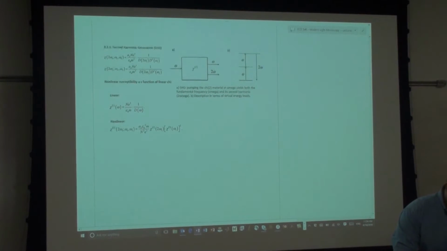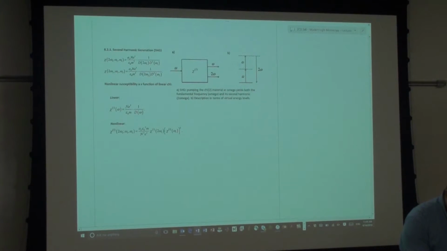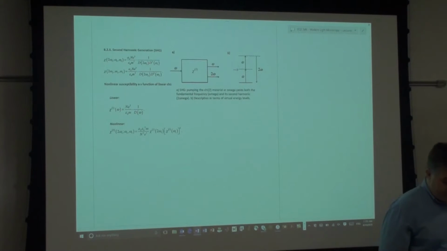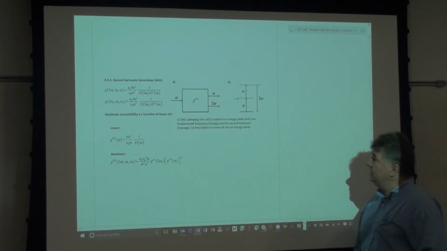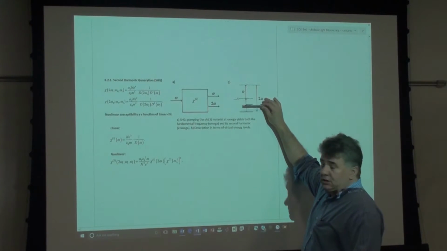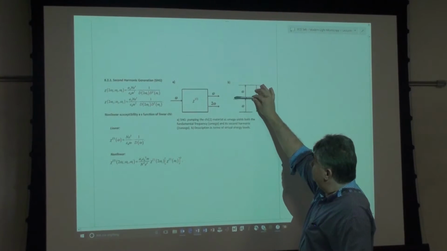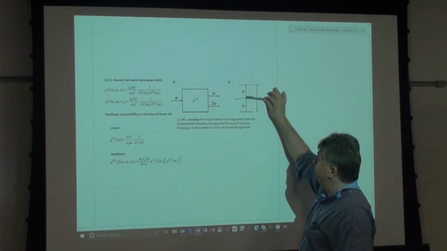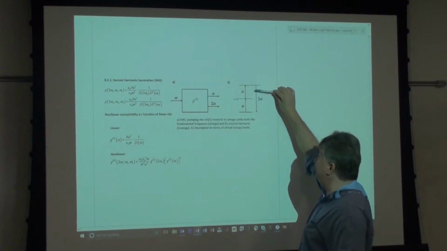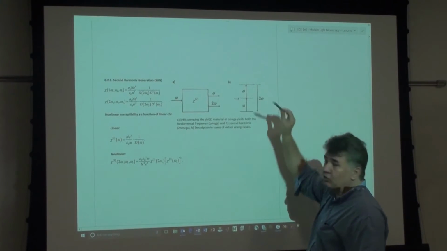Okay? All right. So you see this picture a lot in most nonlinear optics books. That you can think of this interaction as having a virtual transition in a material, a virtual transition to this virtual level, and then another transition to this another level, and then a decay with 2 omega.